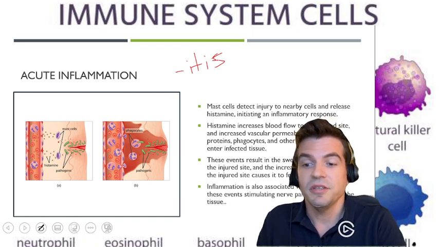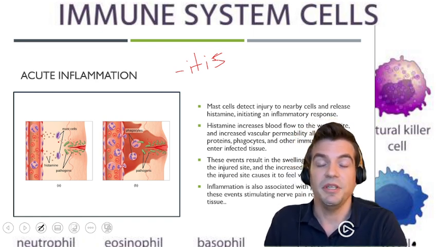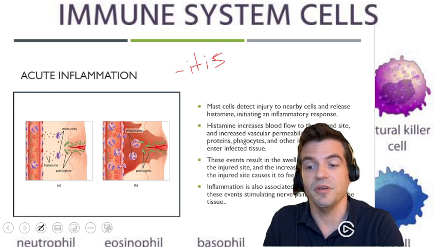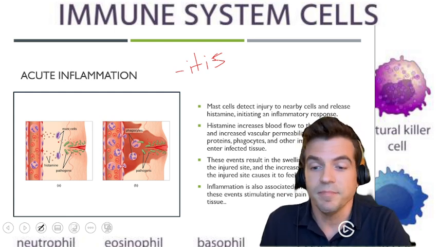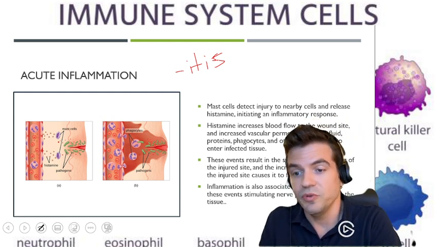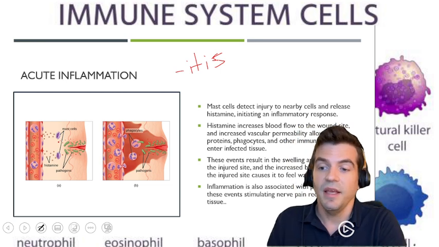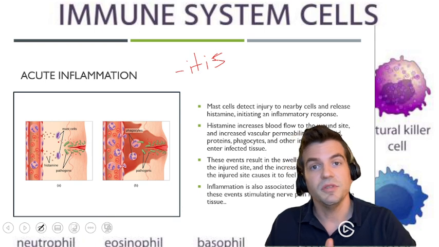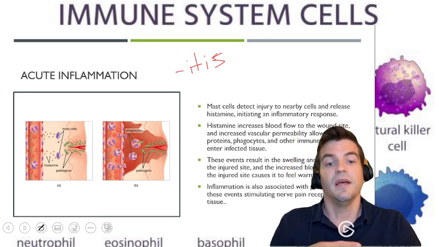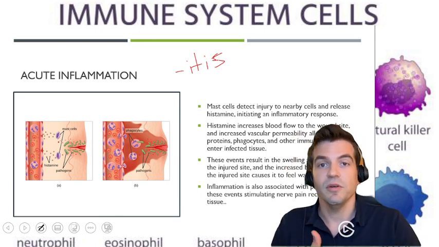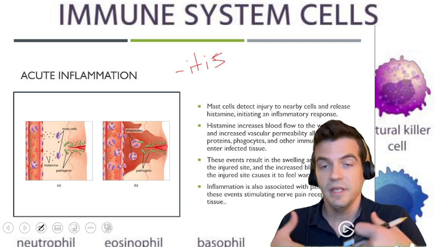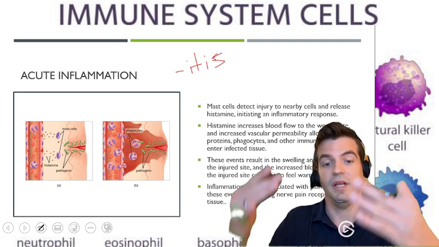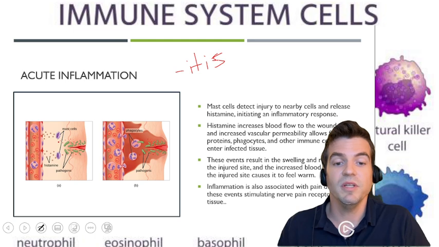So those mast cells will detect the fact that these pathogens are releasing agents into the cut, and they release histamines. The histamines work as chemical signals, okay, and they are going to increase the blood flow to the site. That increased blood flow will allow more and more red blood cells to come.